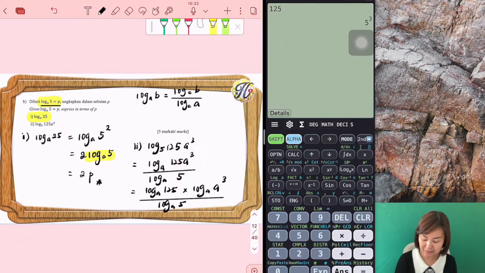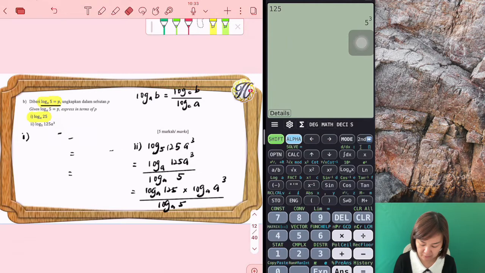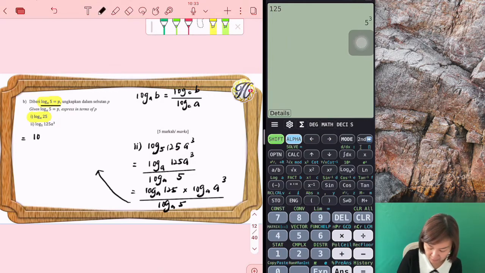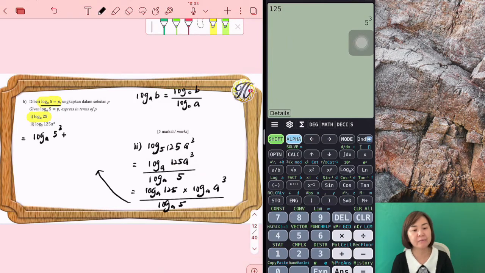Okay, so meaning that log base A, I have to write this part as I don't have enough space for me to show the working. As I already put the calculator there, space is not enough anymore. So I bring it here. So this one bring it here, bawa sini ya. So akan sama dengan log asas A 5 kuasa 3 tambah, tambah kan, betul tak?